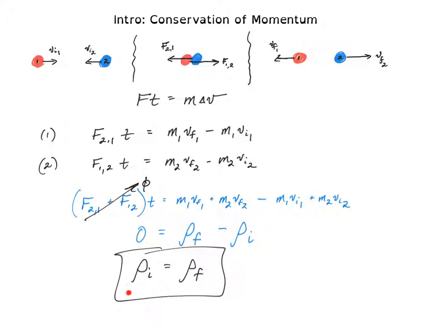Remember, you're summing up all of the momentum that you have initially within a system, and that needs to equal the sum of all the momentums you have finally. Keep that in mind. Extend it out. It's going to be a long, messy looking thing, but we need to keep all momentums initial and all momentums final separate.